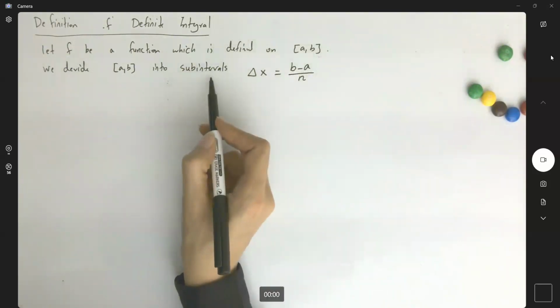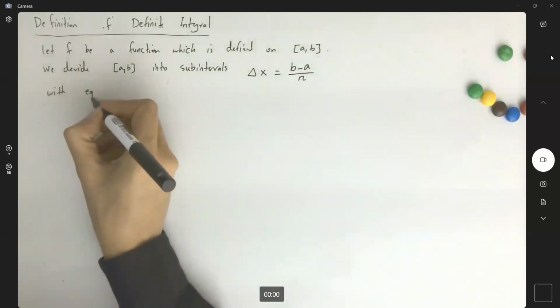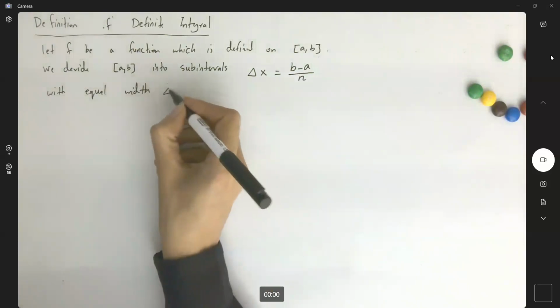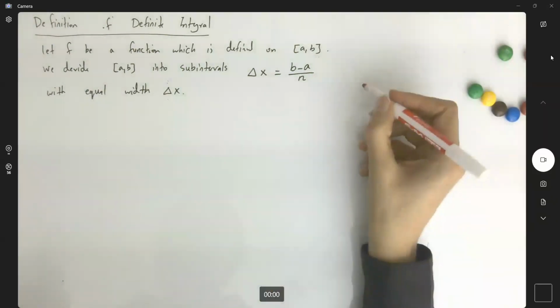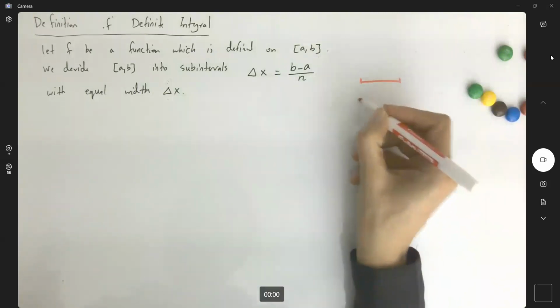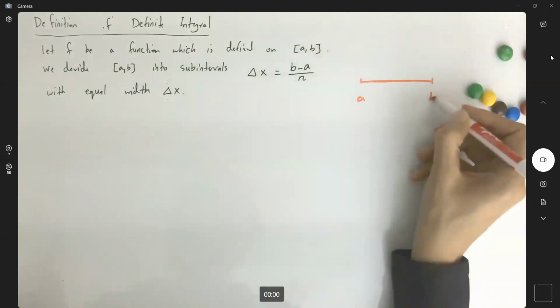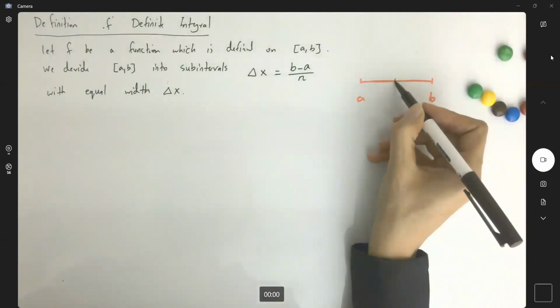Width equal to delta x. So take a look at this. Here I have an interval, a to b. I'm going to divide this up into, for example, two subintervals.